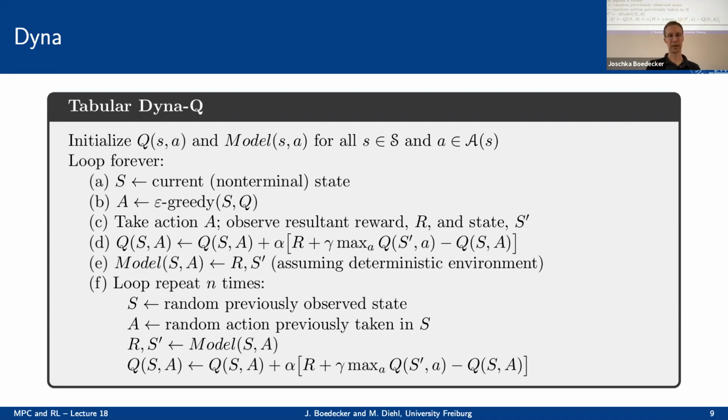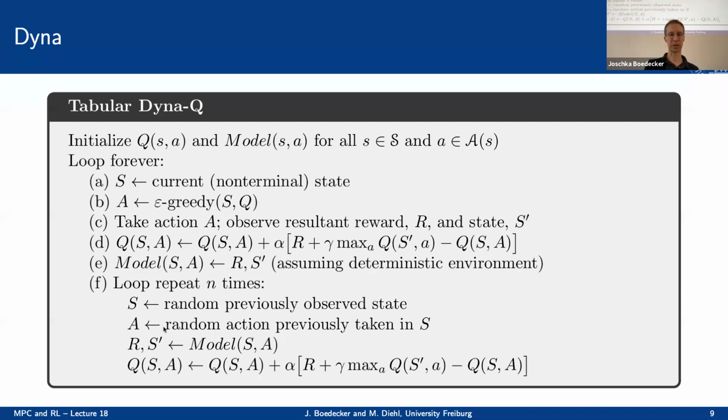So we get some random previously observed state. So we look through our experience that we've gathered, and we randomly choose a state S, in order to just make sure that we have some experience in that region, and our model generalizes somewhat in the region.